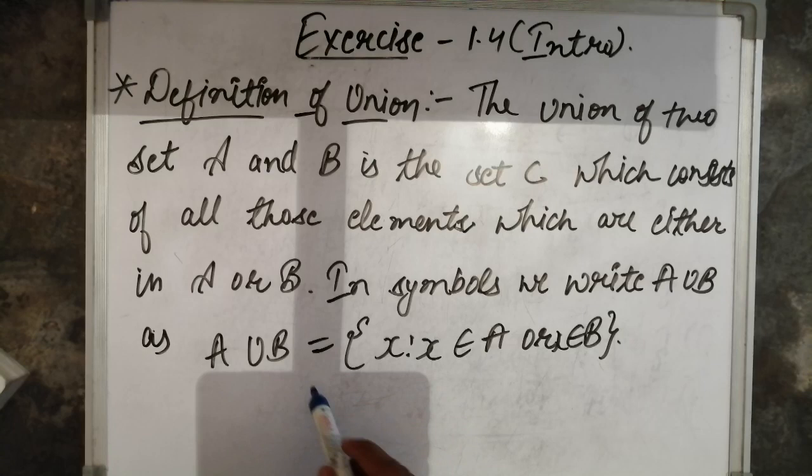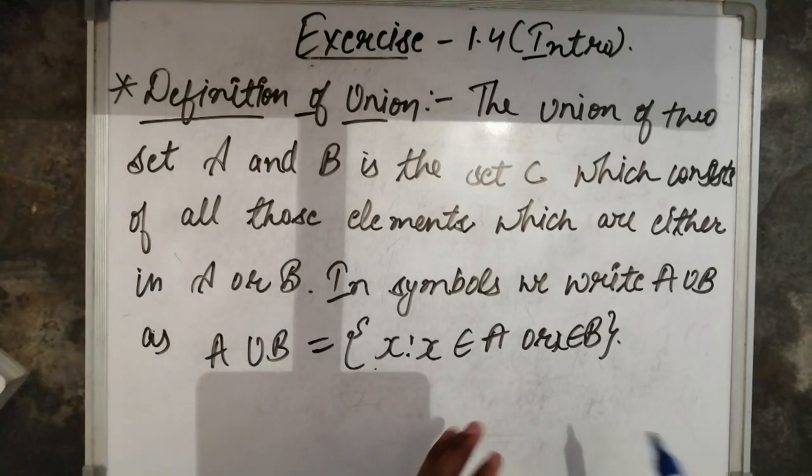And in set builder form we write it as {x : x belongs to A or x belongs to B}.